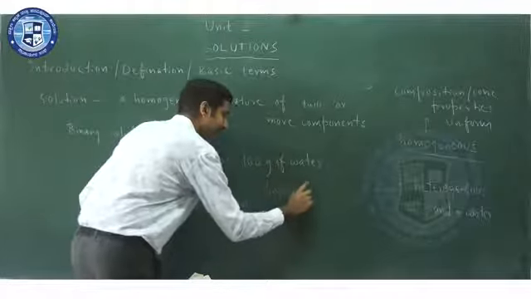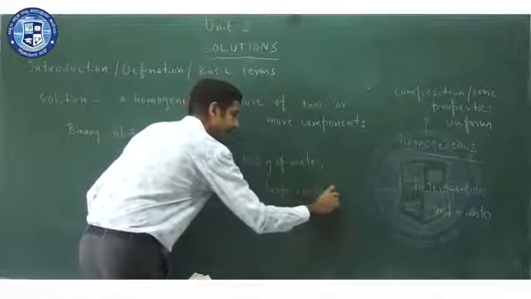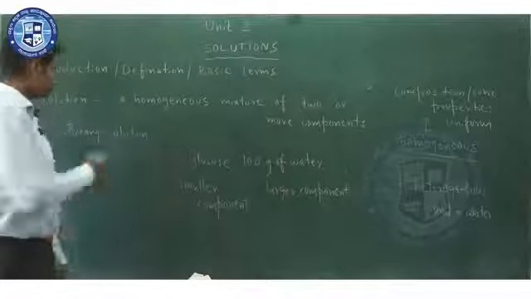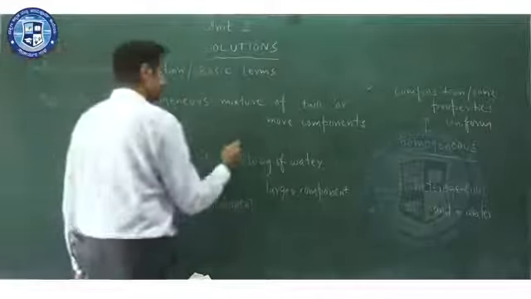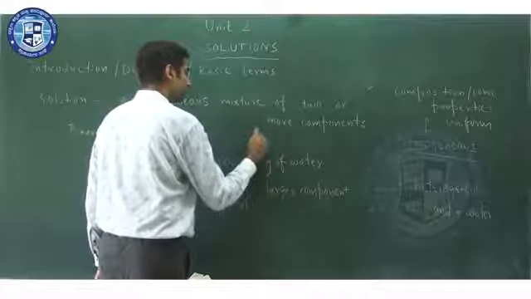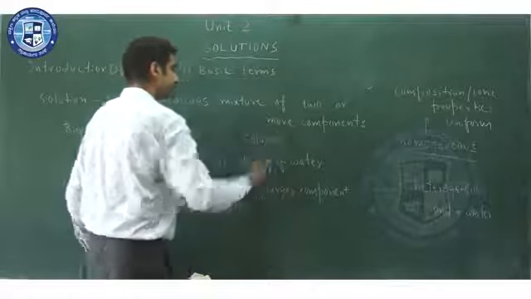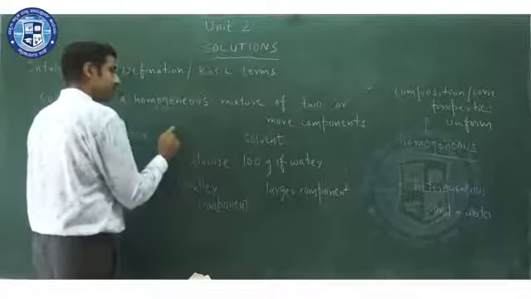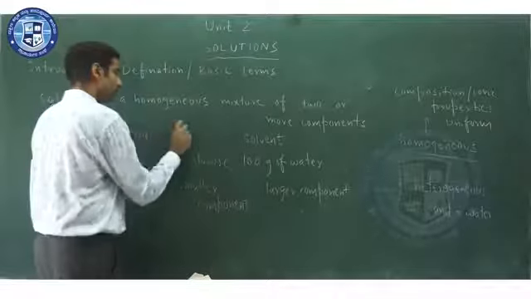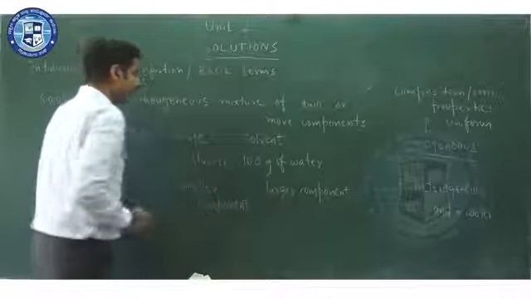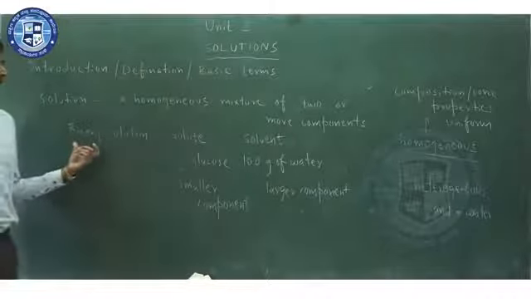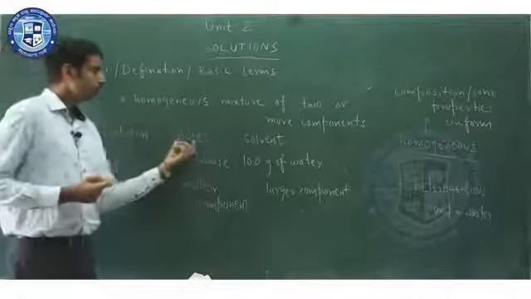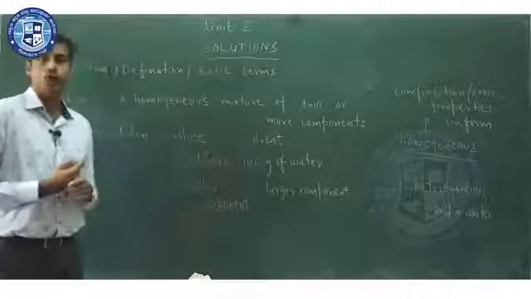So this is a larger component. Now this larger component in the binary solution is referred to as a solvent, whereas the smaller proportion glucose, this is referred to as the solute. Therefore, a binary solution is obtained by dissolving a solute in a solvent.